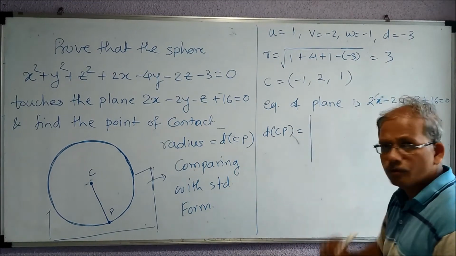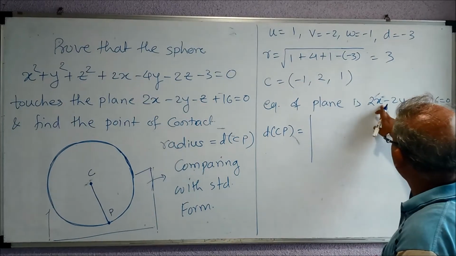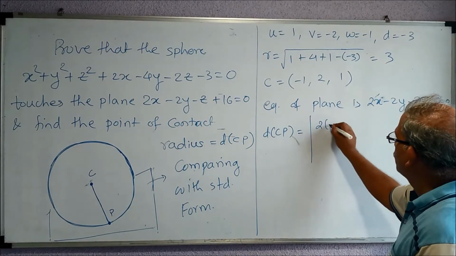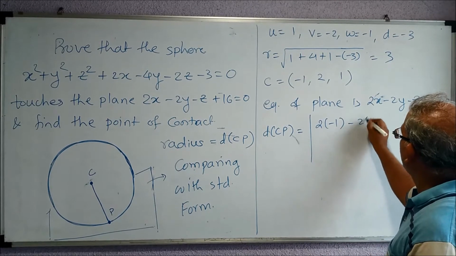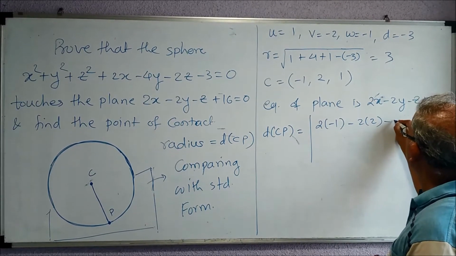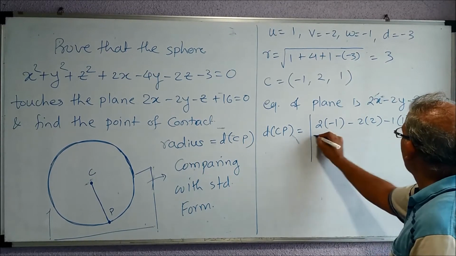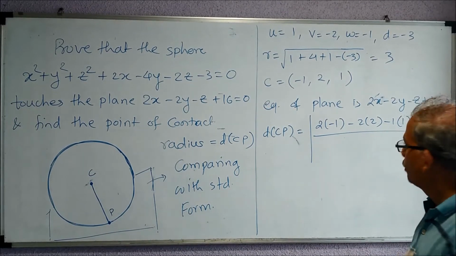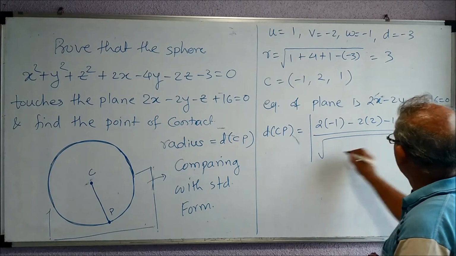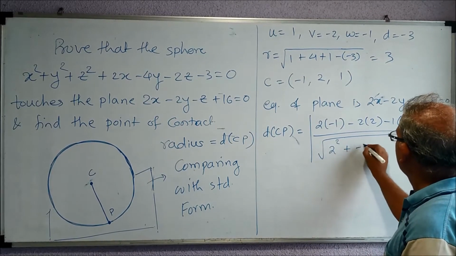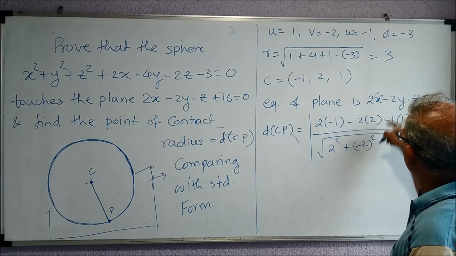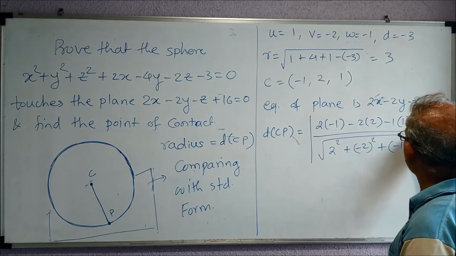It is modulus of 2 into -1 minus 2 into 2 minus 1 into 1 plus 16 divided by under root of 2 square plus -2 square plus -1 square.